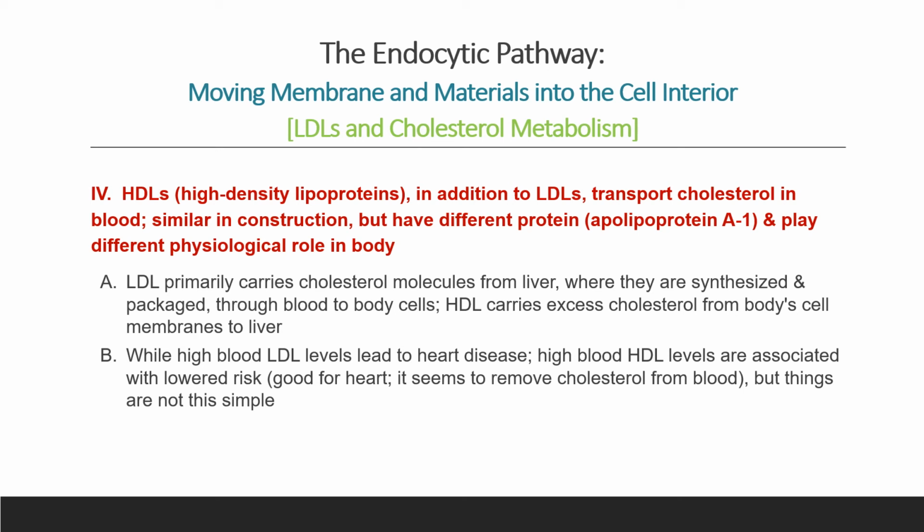On the other hand, HDL carries excess cholesterol from body cell membranes to the liver. So while high blood LDL levels lead to heart disease, high blood HDL levels are associated with lowered risk, good for the heart. It seems to remove cholesterol from the blood, but things are actually not this simple. Okay?